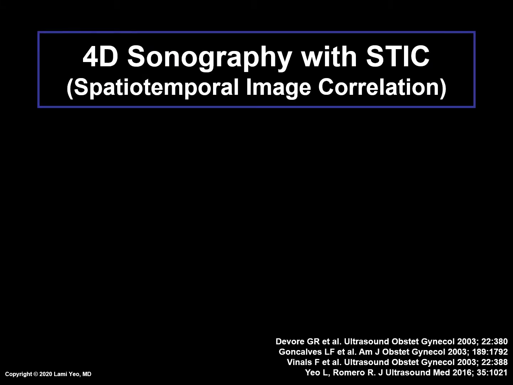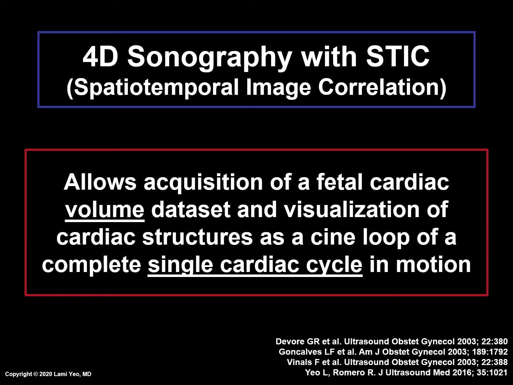4D sonography with STIC, or spatiotemporal image correlation technology, allows acquisition of a fetal cardiac volume dataset and visualization of cardiac structures as a cine loop of a complete single cardiac cycle in motion.